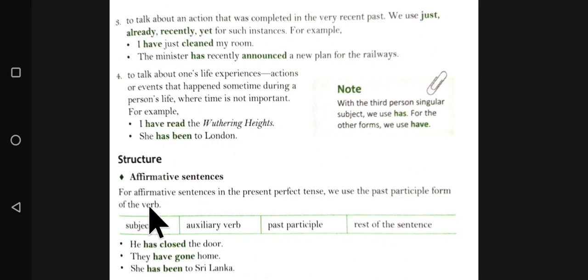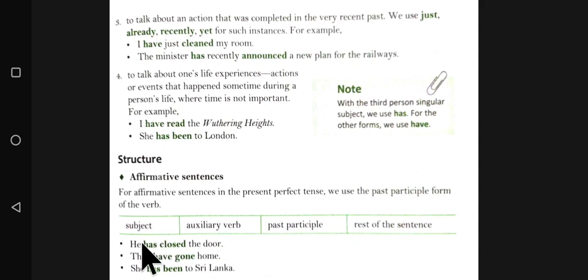So the pattern goes like this. First, we write subject, then we write auxiliary verb or helping verb, then we write past participle form of the verb, and then at last we write rest of the sentence.